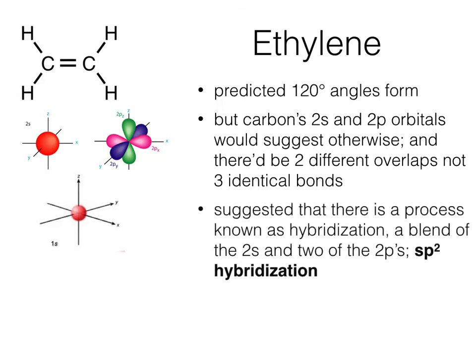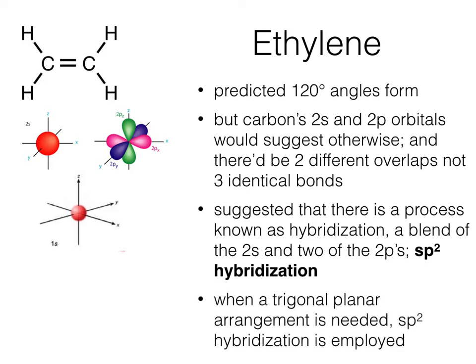In that case, the hybridization process this time will involve a blending of the 2s orbital and two of the 2p orbitals. That will give us three equivalent orbitals, and this is called sp2 hybridization. We will have three sp2 orbitals. So, whenever you need a trigonal planar arrangement, sp2 hybridization will be employed.